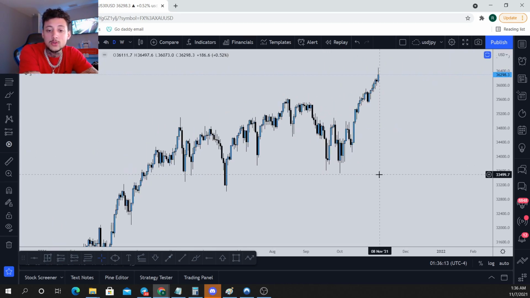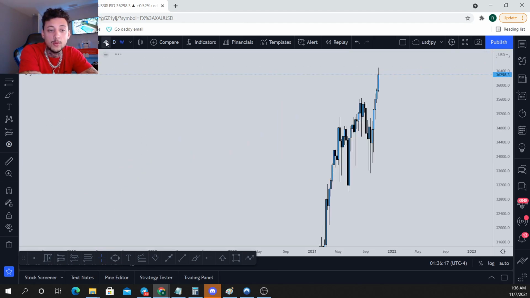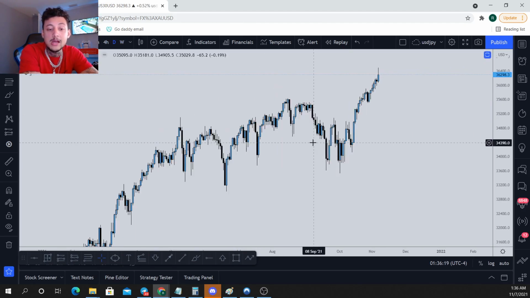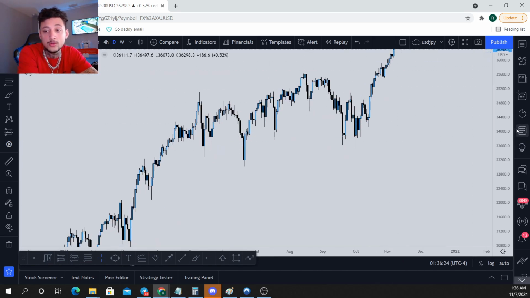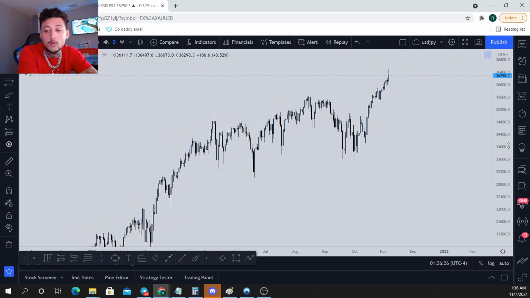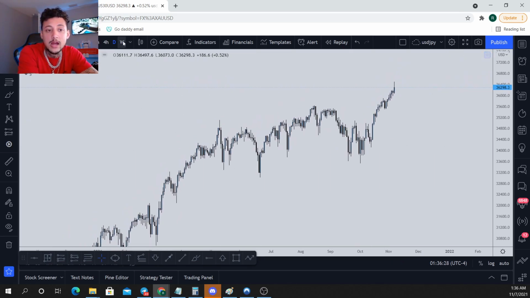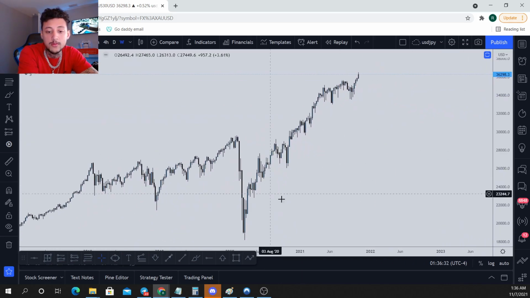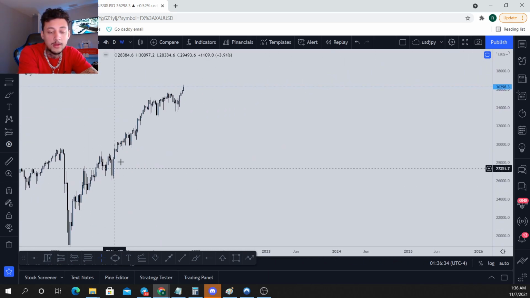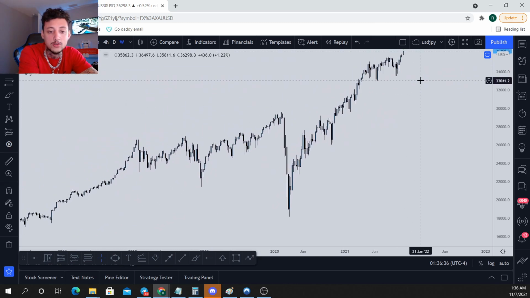So going back to our original notes, if we look at the daily time frame, the weekly time frame, the 4-hour time frame, each and every single time frame has its own trend. Now, typically what you want to look for is the higher time frames. What is the weekly time frame doing? Going back to our notes, it's moving from the bottom left hand to the top right hand side of our screen, meaning that we're in a bullish trend.